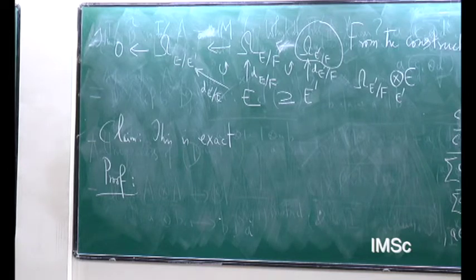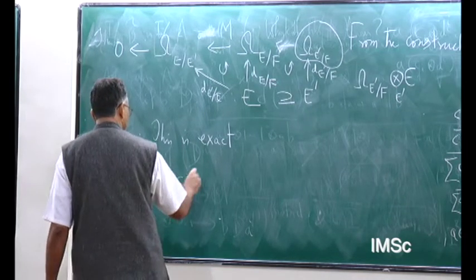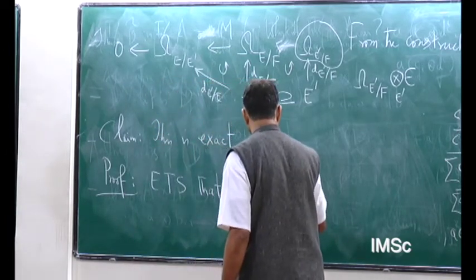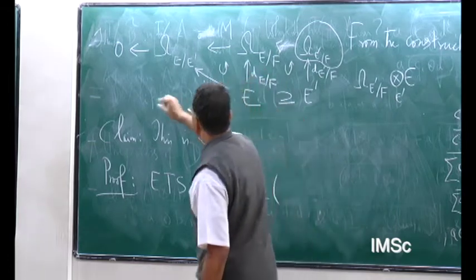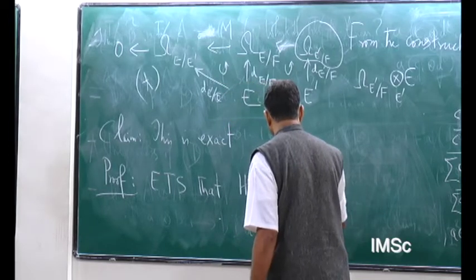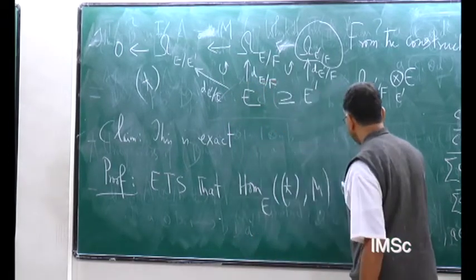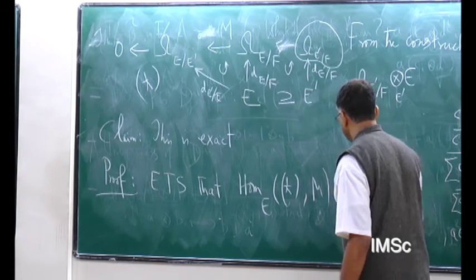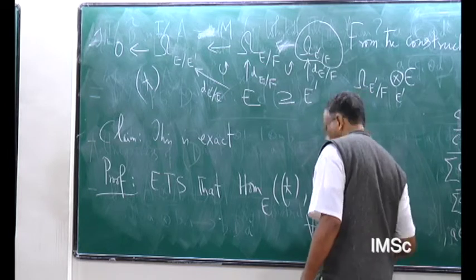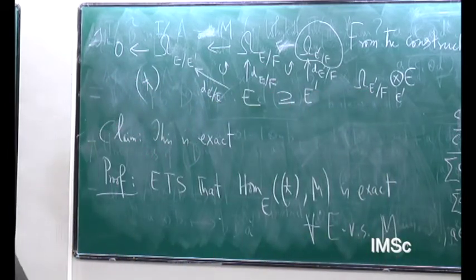To say that something is exact, it is enough to show that hom E star, let's call this star, M is exact for all E vector spaces M.